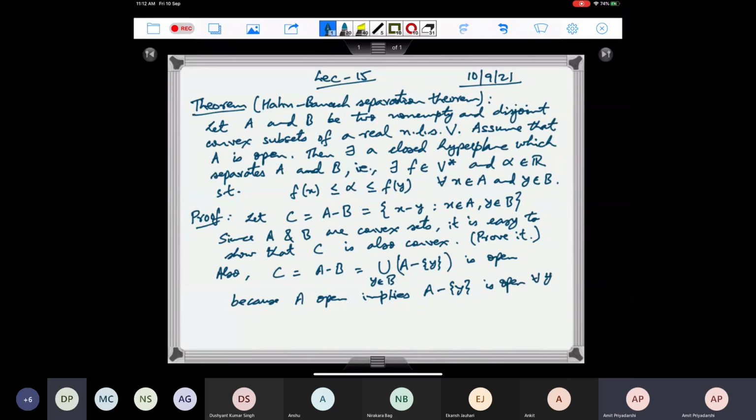So is that a union or intersection? Union. Is it not correct? Is it okay?